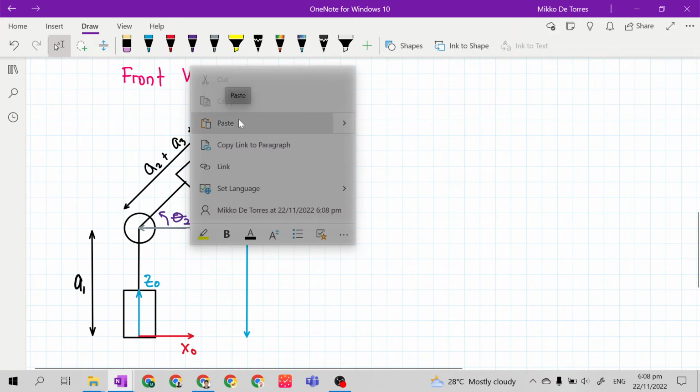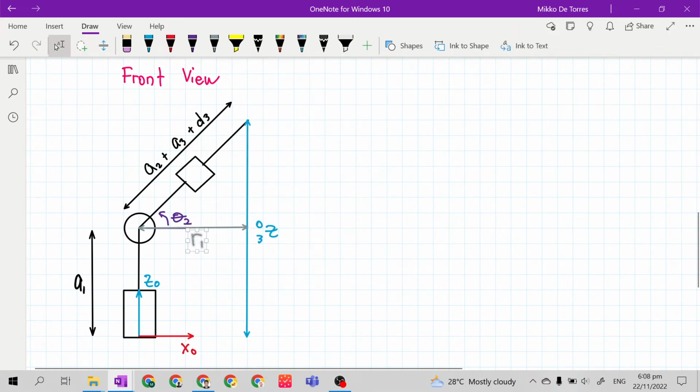Because the link, this link, and the prismatic joint, and the link before the end effector change their orientation if theta 2 has a value.